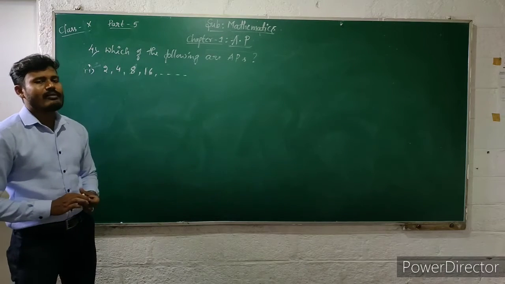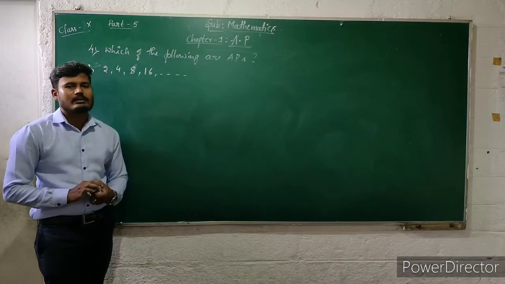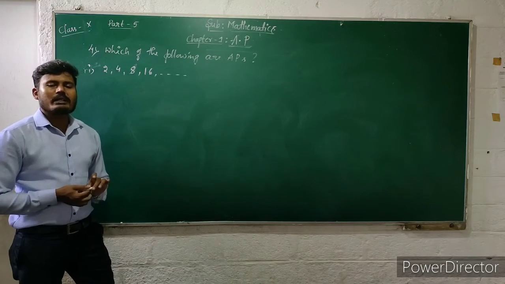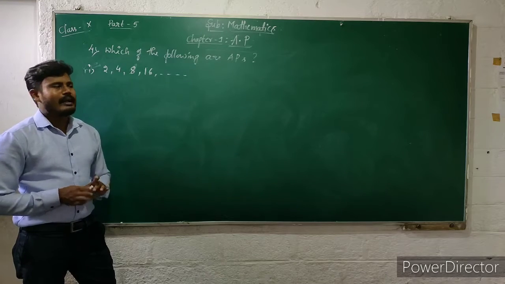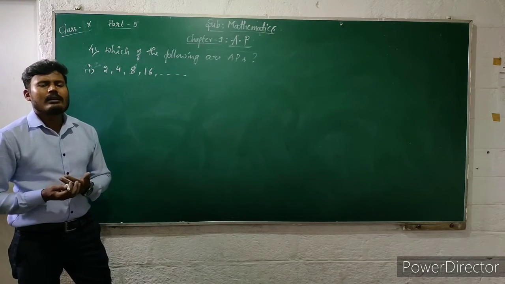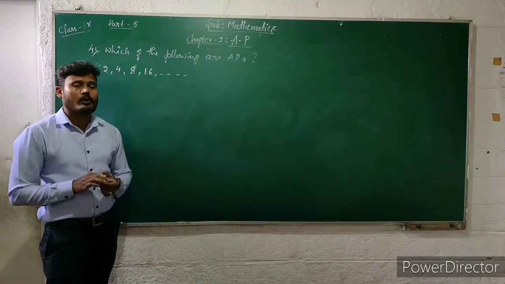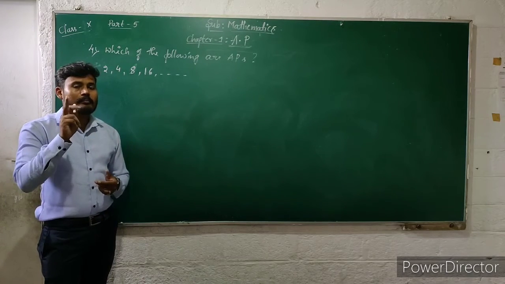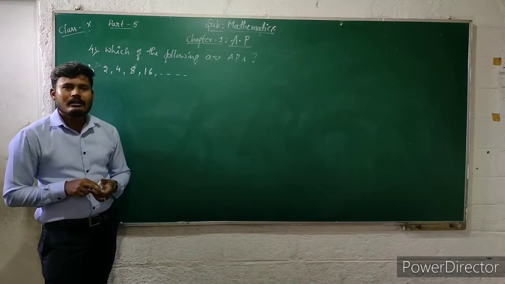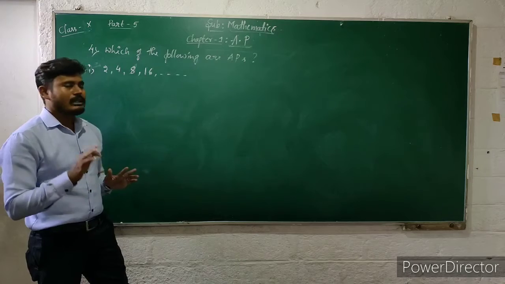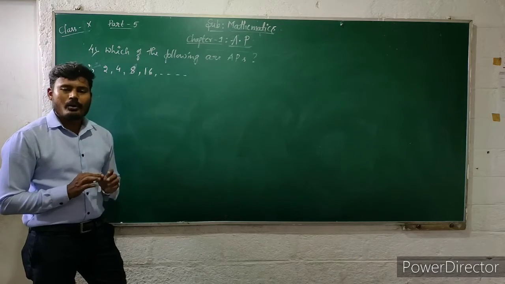First, you should identify whether the given terms form an arithmetic progression or not. How to identify this? By knowing its common difference. That is very important for arithmetic progression.